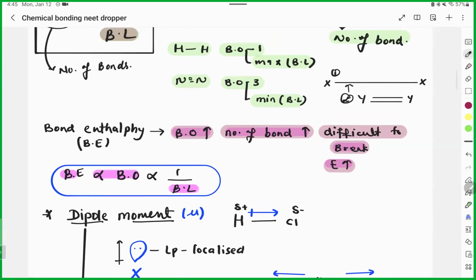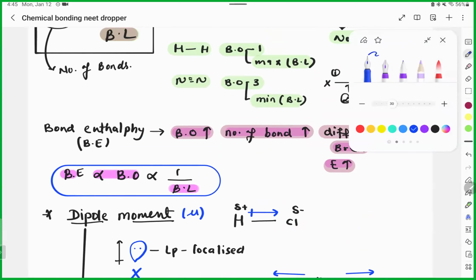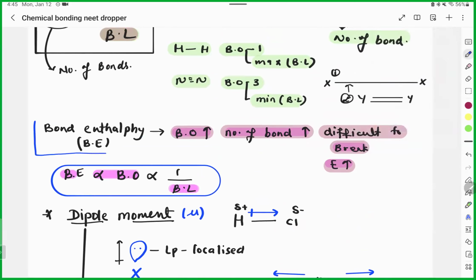I just said bond enthalpy is how much energy is required to break a bond. Logically, that is the thing. So bond enthalpy is the amount of energy required to break a bond.